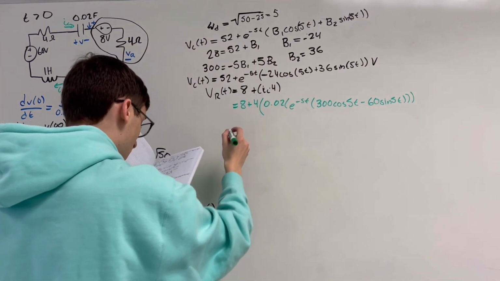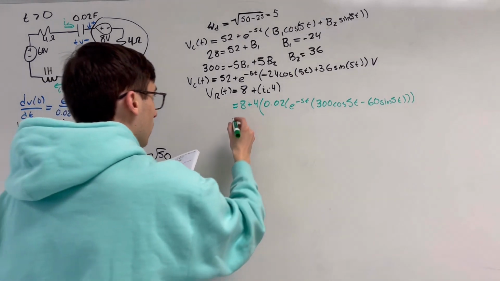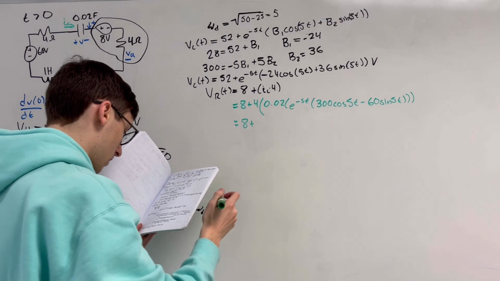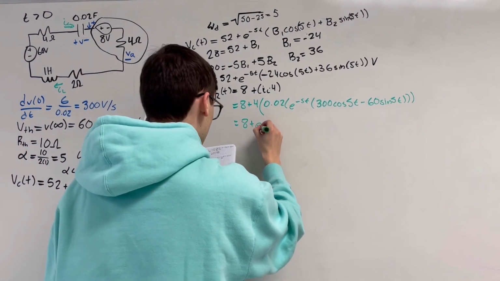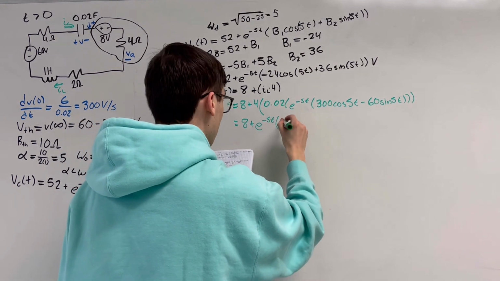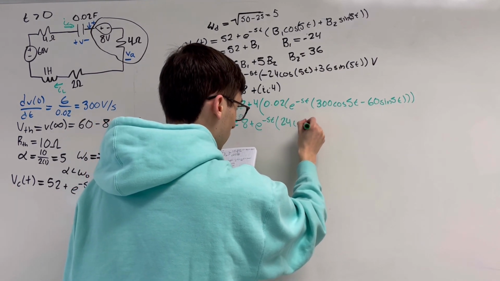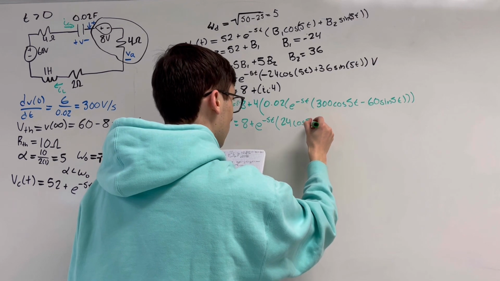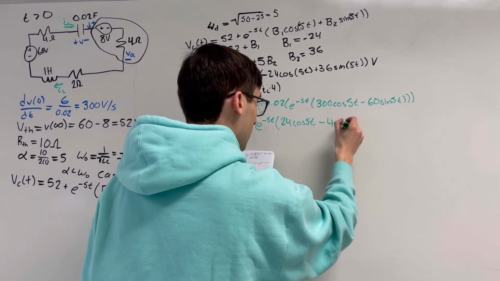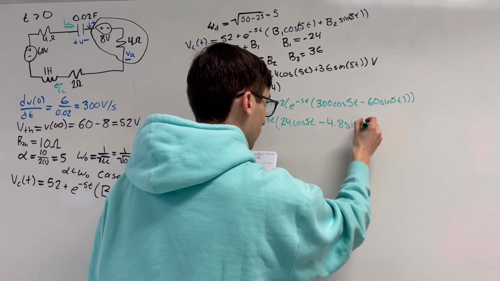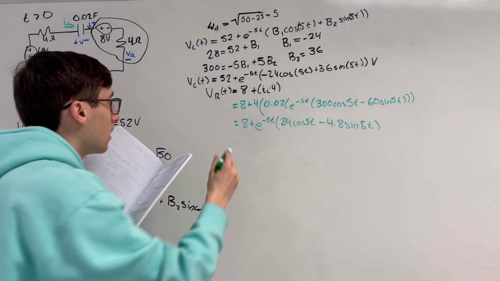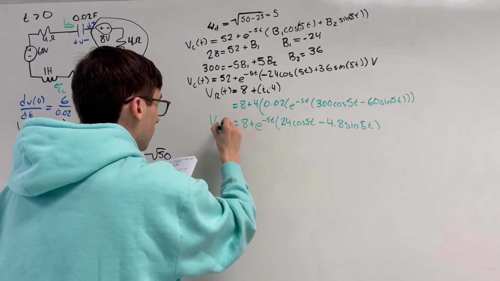All right, so now our final VR is going to be 8 plus e to the negative 5t times 24 cosine 5t minus 4.8 sine 5t. And this is all equal to VR of t.